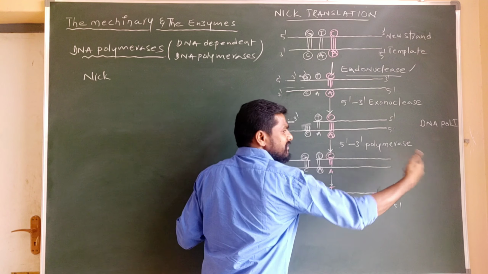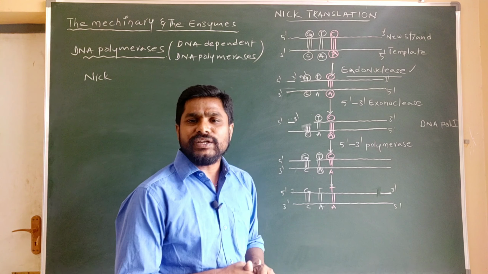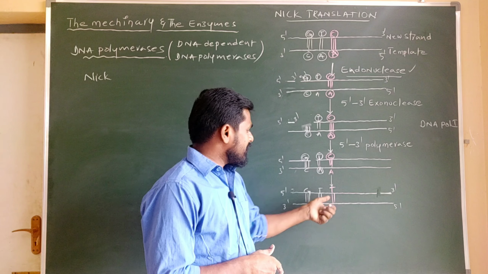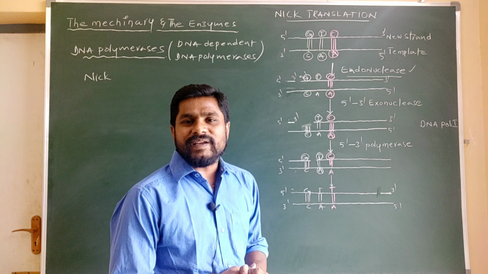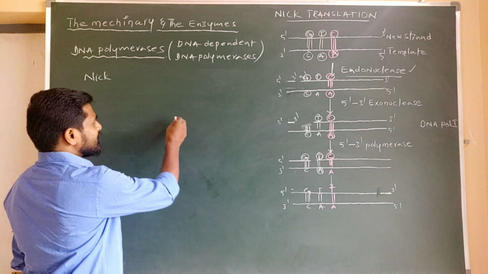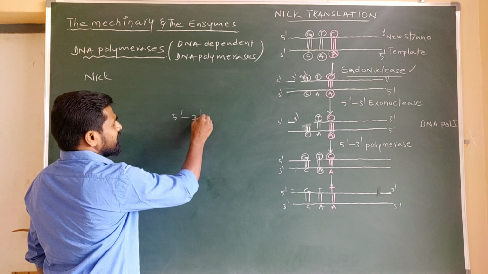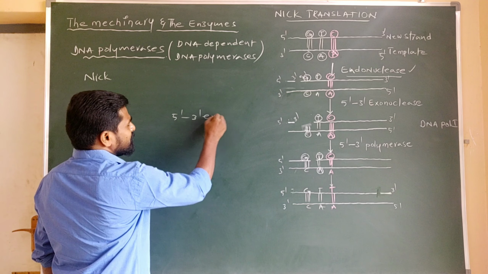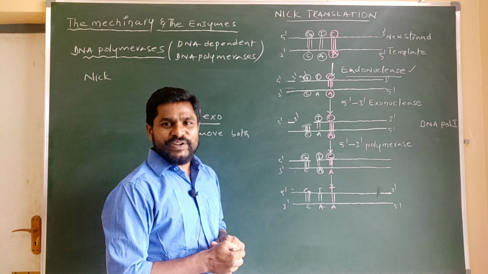On their way of translation of the nick, they removed that mismatched nucleotide and polymerized a correct nucleotide, thereby repairing the DNA. Here the 5' to 3' exonuclease activity can remove both properly paired and mismatched nucleotides.